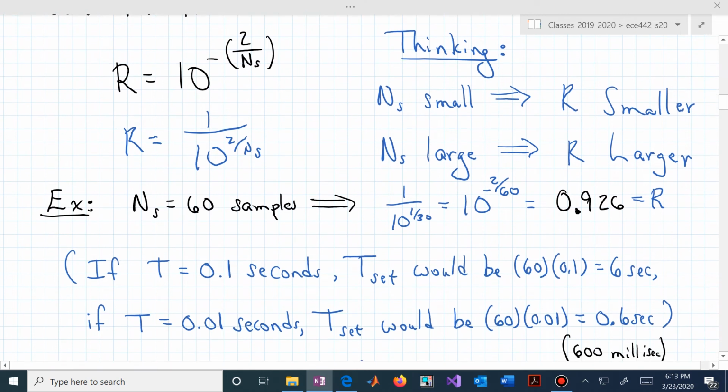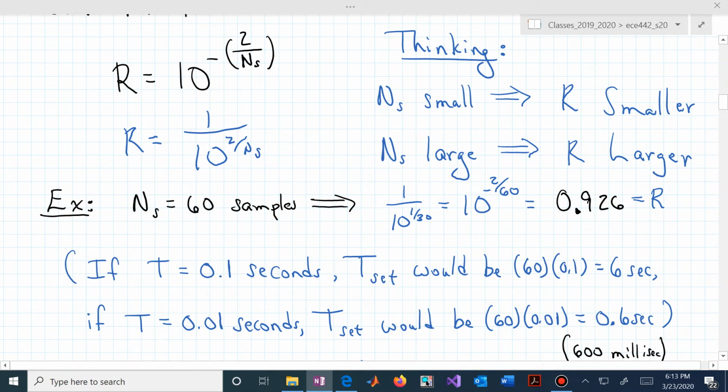What that number of samples corresponds to obviously is dependent on the sample period T. If we're sampling at 100 milliseconds or 0.1 seconds, then it would take us 6 seconds to get to 1% of where we started.